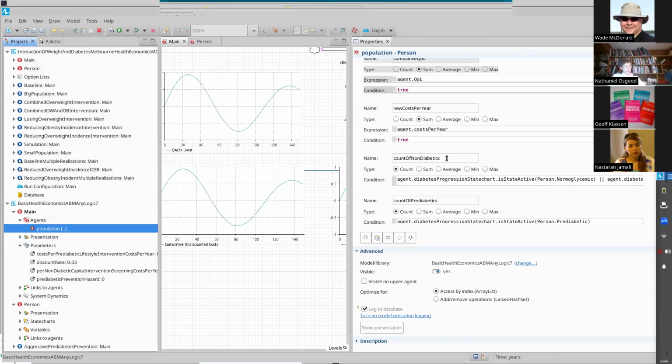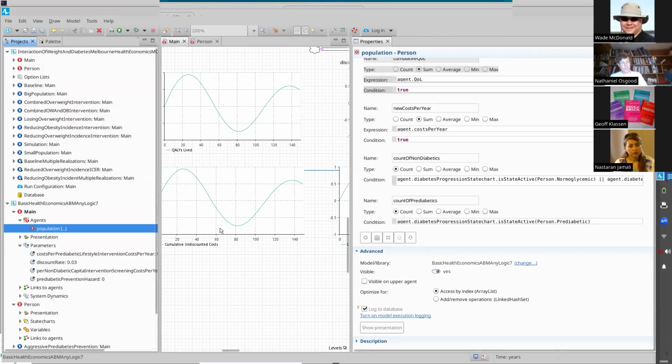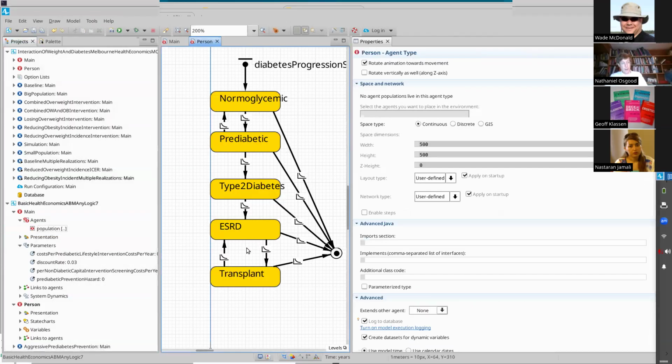But where I want to highlight the differences starting to emerge, or the extra layering of health economics on this model, can be found at that person level. So I'll go there again. And you'll notice that this model is sort of simulated in a familiar way.